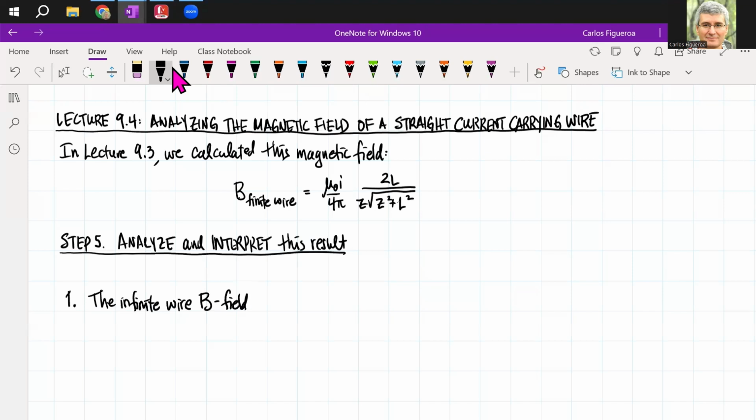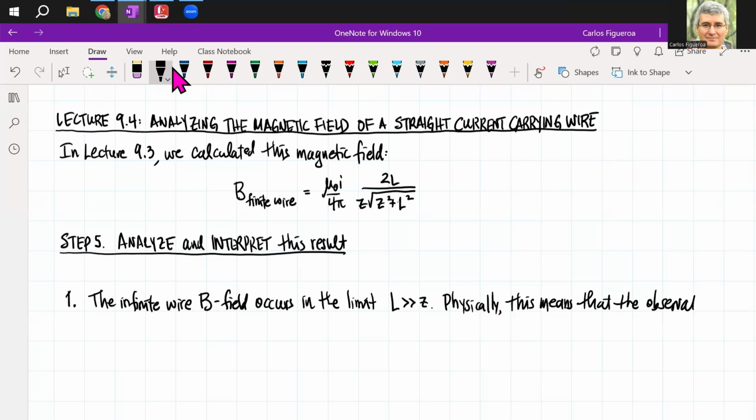Its B field occurs in the limit L much, much greater than Z. Physically, this means that the observation point P is very close to the wire itself. So we want to see what that limit is.